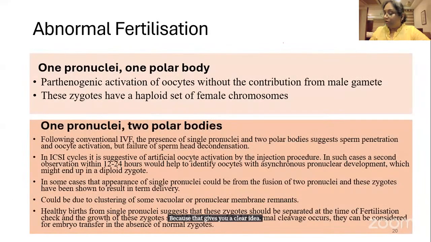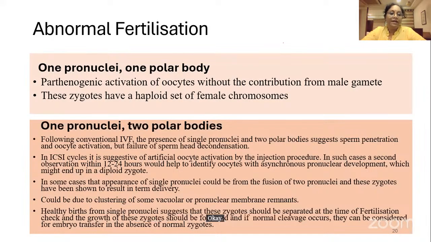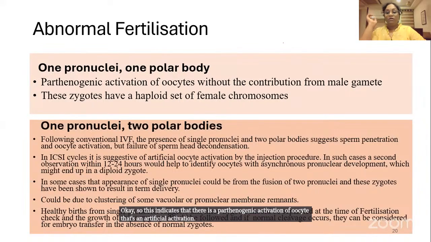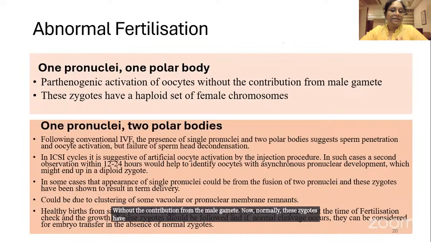Now, moving on to abnormal fertilization, what are the abnormal features which you observe post-fertilization? First one is one pronucleus and one polar body. This indicates that there is a parthenogenetic activation of the oocyte, an artificial activation without contribution from the male gamete. Normally these zygotes have just one haploid set of female chromosomes.